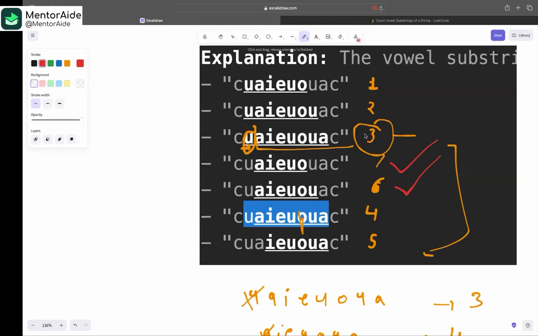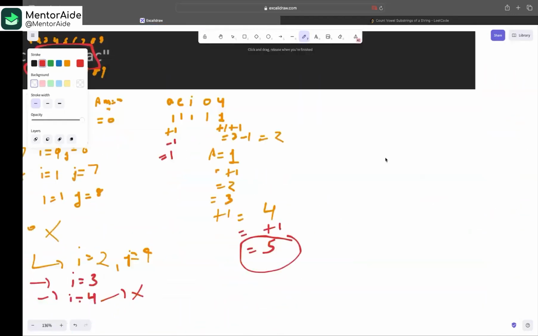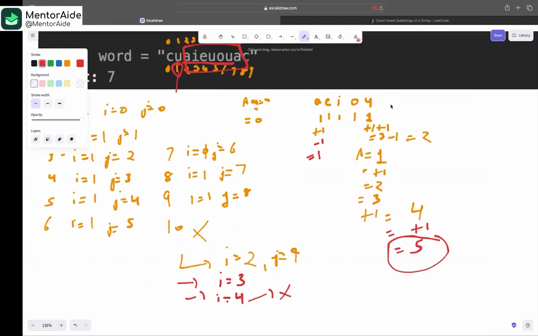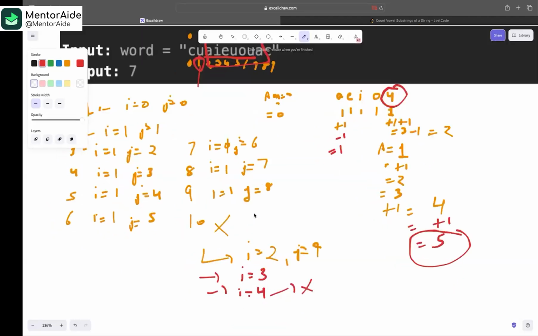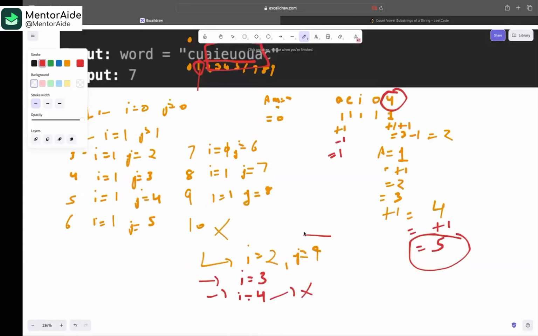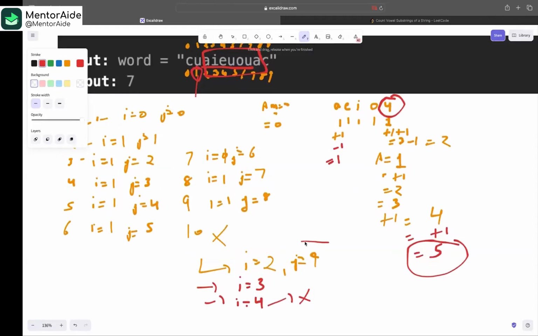Because if you see from this third one, the highest character count which we had was for U. Eventually, we did well till this point. So when we made i equal to 2, we were fine, because the U count was 2.